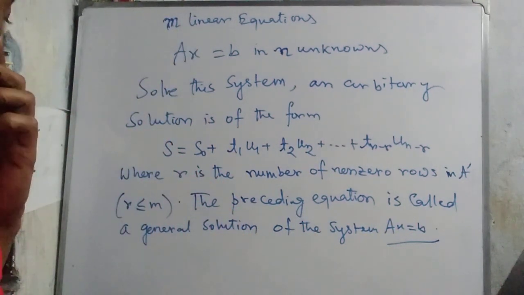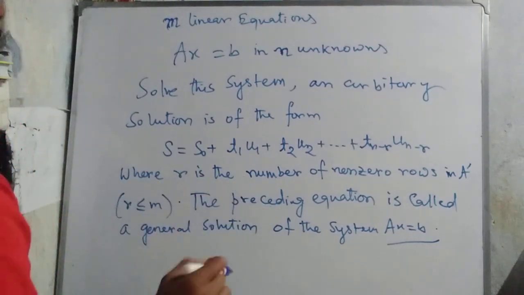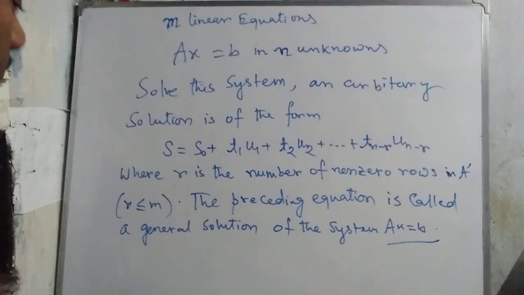Understood? The preceding equation is called a general solution of the system Ax = b.